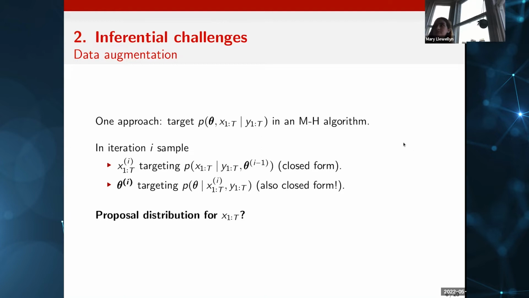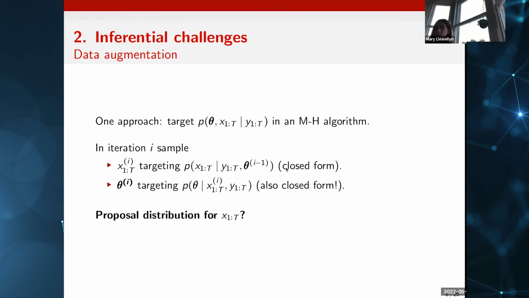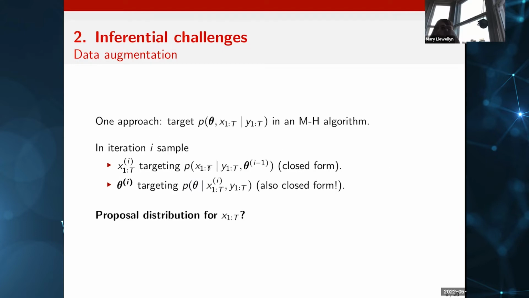So how can we update these states? Well, the most obvious approach is to just attempt to update all the states in one, so target this density exactly. So that's our challenge here. We're going to try and design a proposal distribution for these states, but it's actually pretty tricky to design an efficient proposal distribution for these states because this target distribution here is often high dimensional.